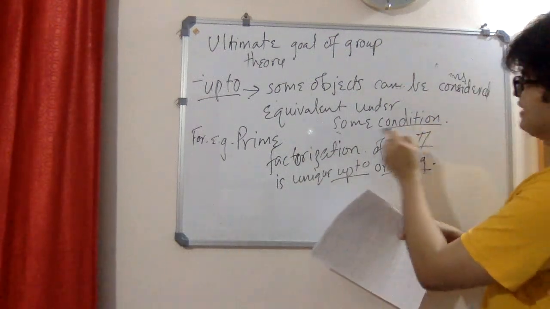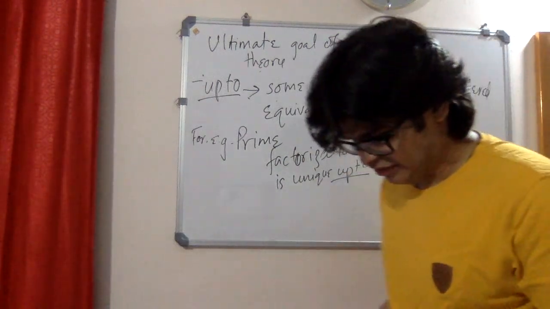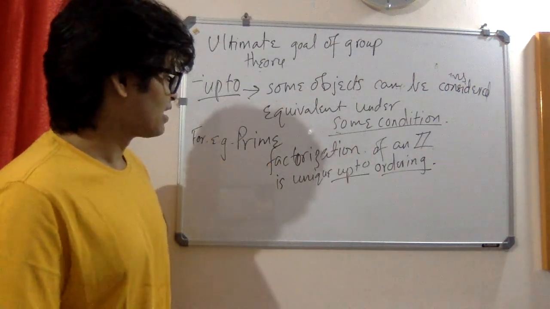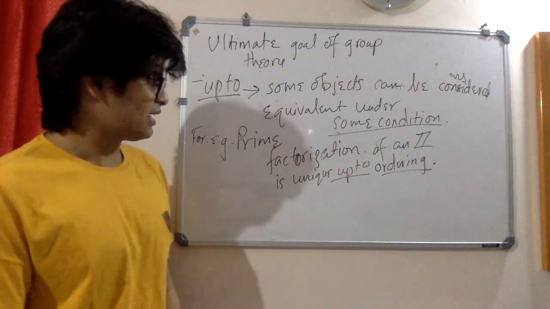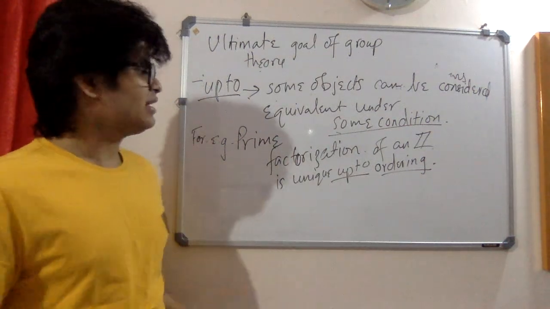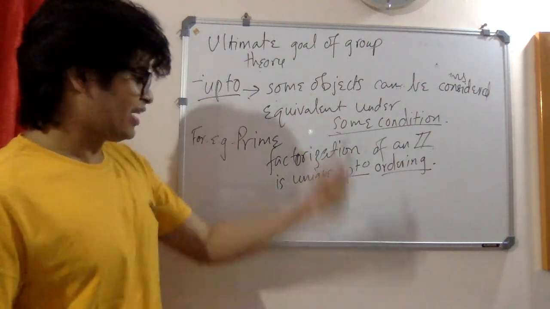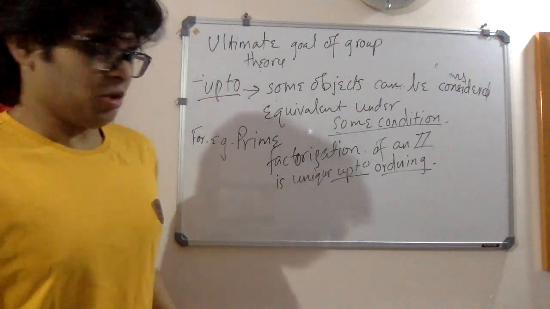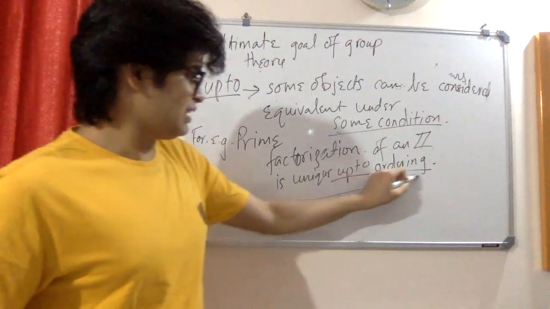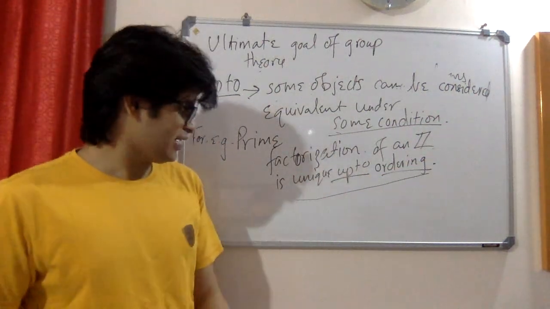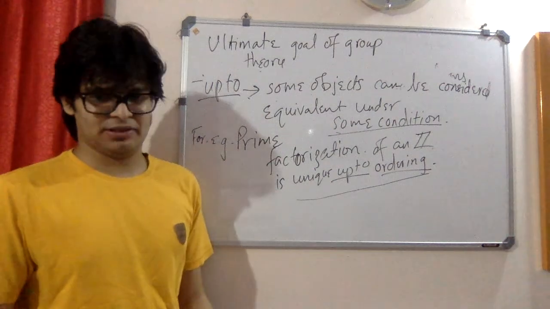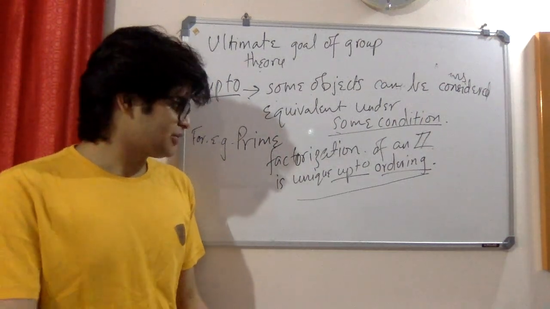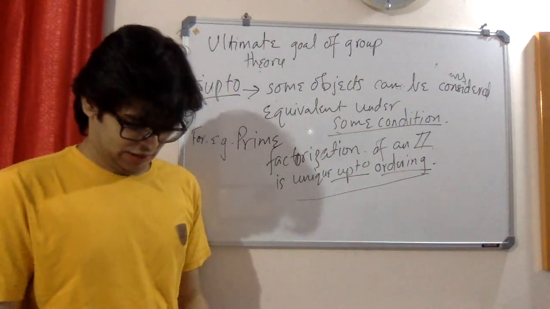So here our condition is that we have to prime factorize the integers, and we find out that the prime factorization of integers is unique. Now, but if we consider the order of the prime factorization, then it blows up. Now, the factorization does not remain unique anymore.